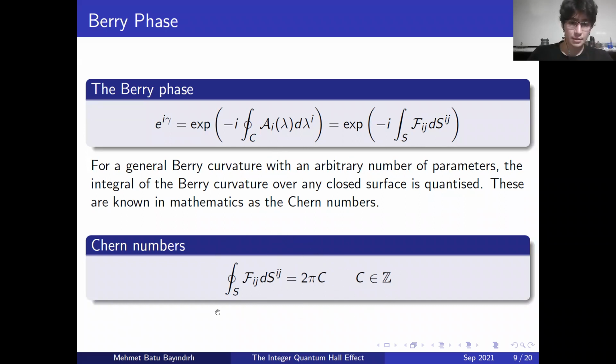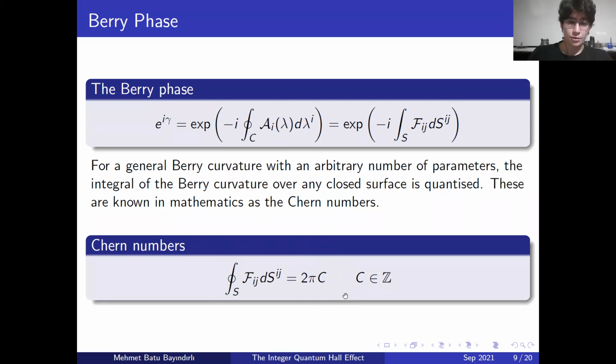In mathematics, this is known as the Chern number, and this is a result of topology. And we'll now relate this phenomenon to our quantum Hall effect, and we'll see how this quantizes the conductivity.